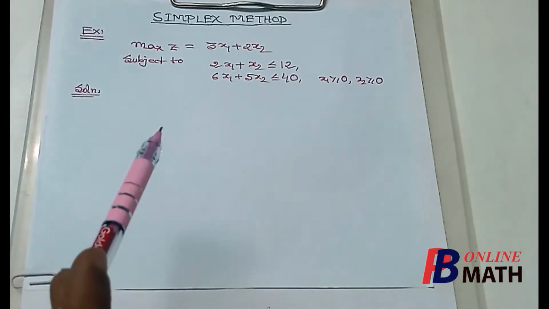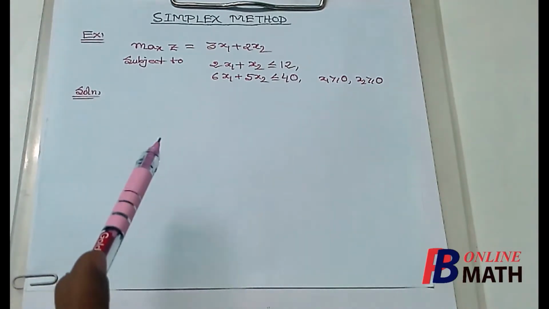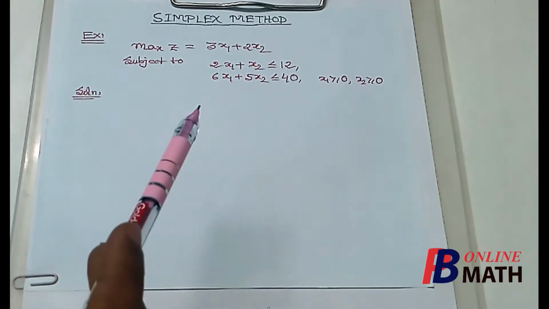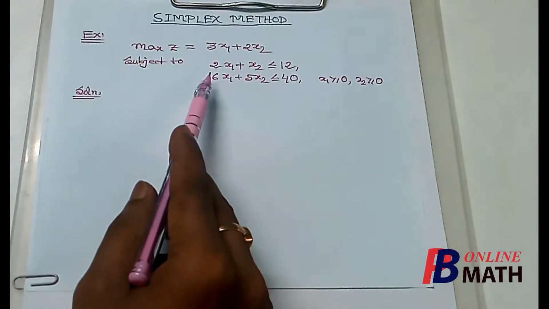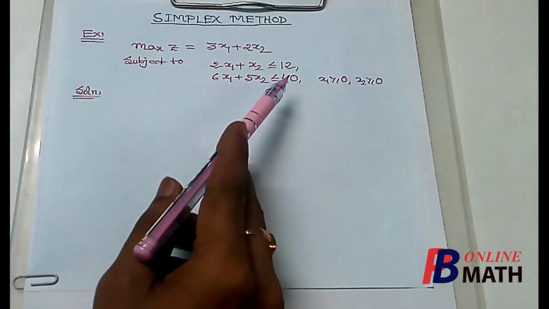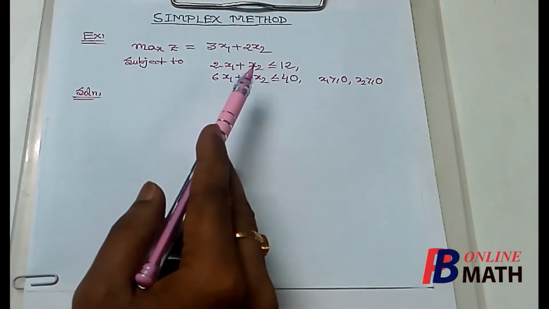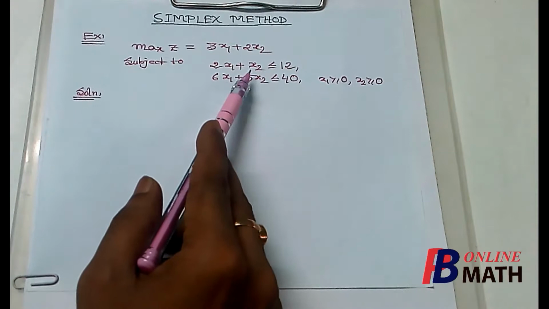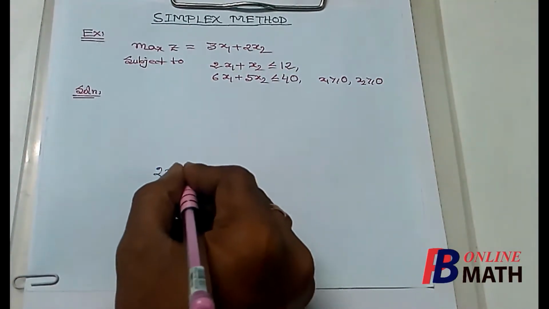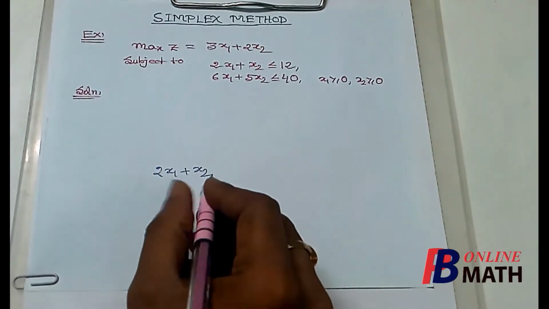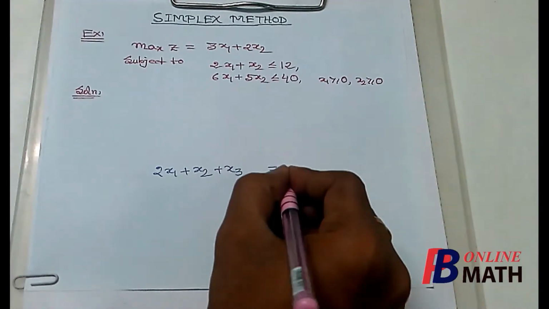Now first of all, we have to make these two inequalities into equalities. For that, we have to add slack variables on the left hand sides of these two constraints. If we consider the first constraint, 2x1 plus x2 less than or equal to 12, to make it an equation we have to add a slack variable on the left hand side. Suppose we add a new slack variable, and call it x3, so it becomes equal to 12.